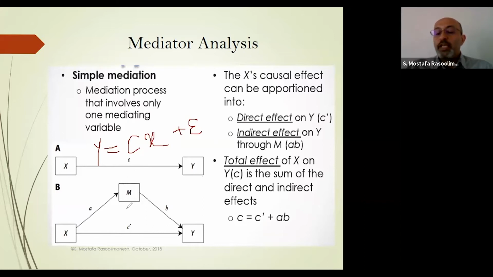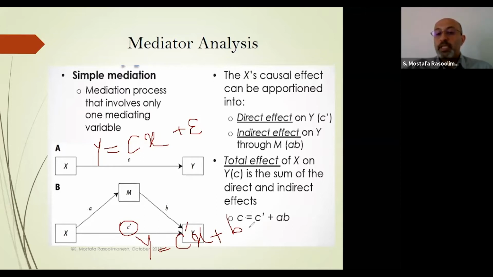But when we put a mediator between X and Y, the dependent variable Y now will be C prime X plus BM plus an error term, and M is AX.